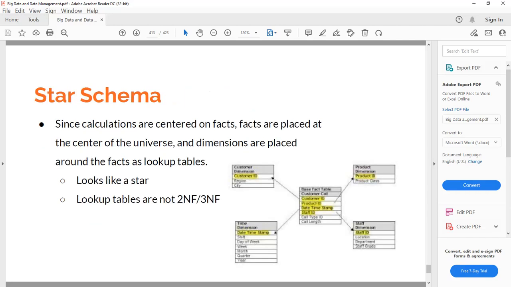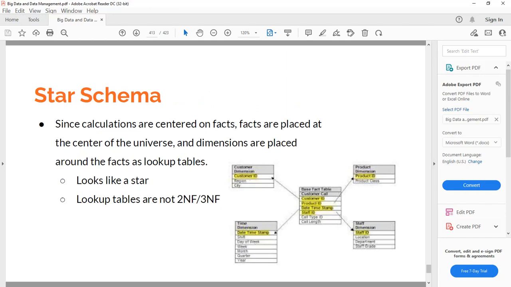So that's when you try to do analysis, when you want to perform certain calculations based on a set of schema. Calculations are centered on fact. So when we design the schema, we always try to put a fact table at the center of the universe. For example, here we have the base fact table.